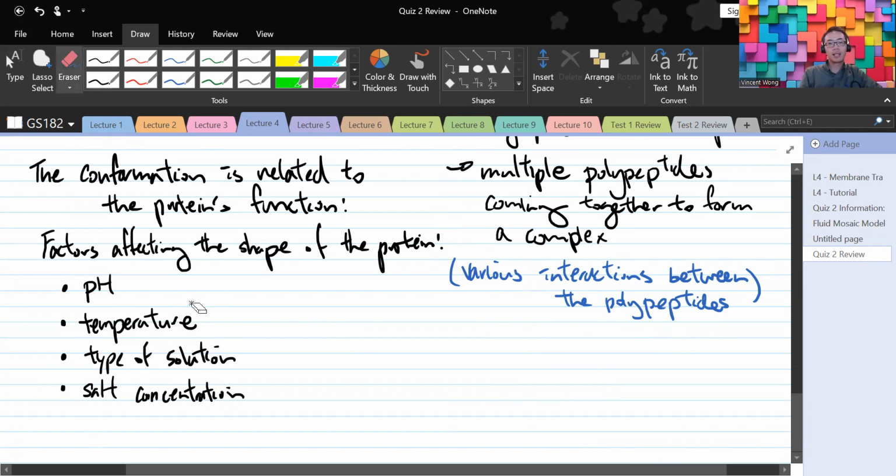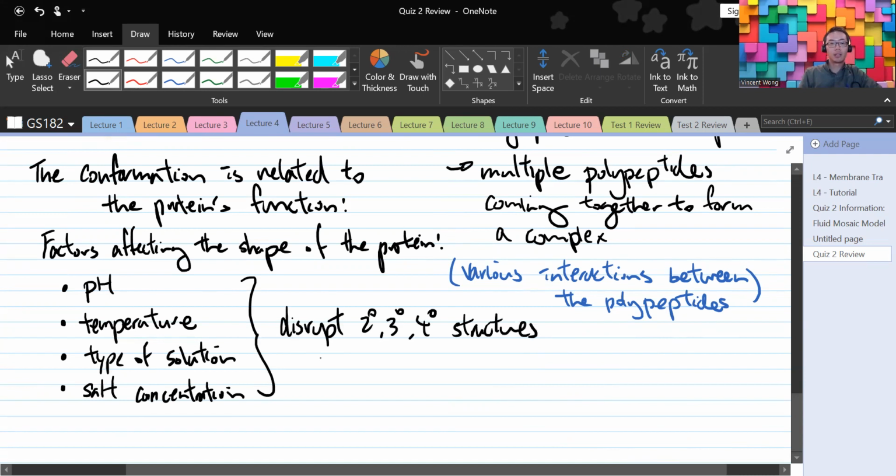All these things are going to affect the shape, the conformation, therefore potentially affect the function of the protein. It's also important to remember these things disrupt secondary, tertiary, and quaternary structure, but not primary. The covalent bond is too difficult to break by changing the pH and the temperature. But all these other things will be disrupted.